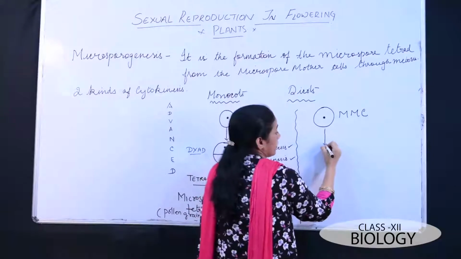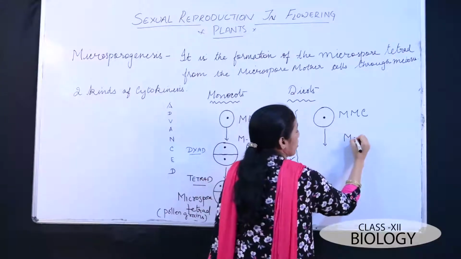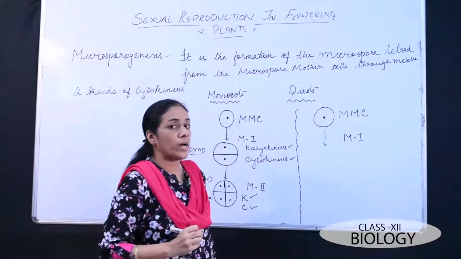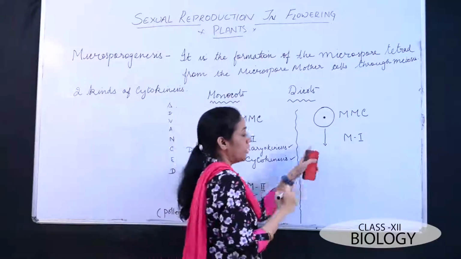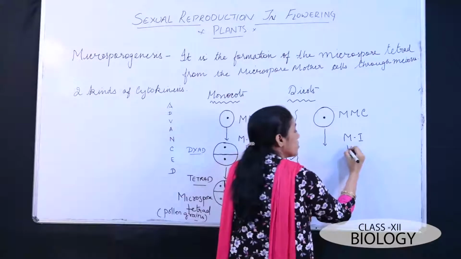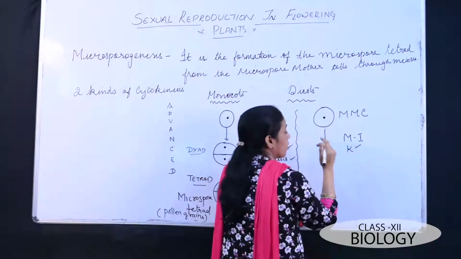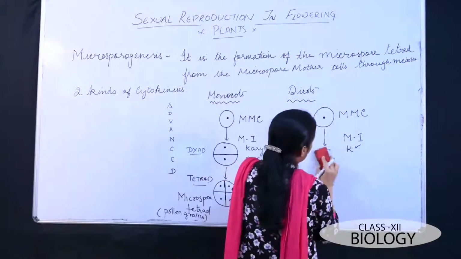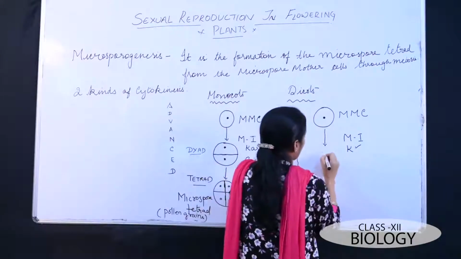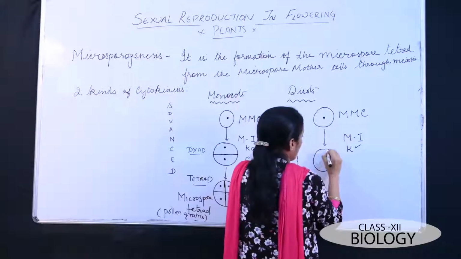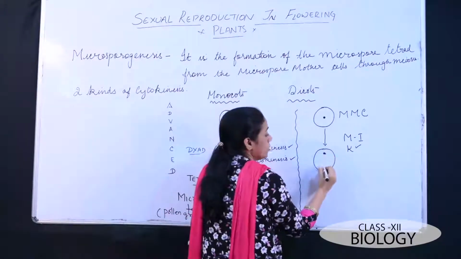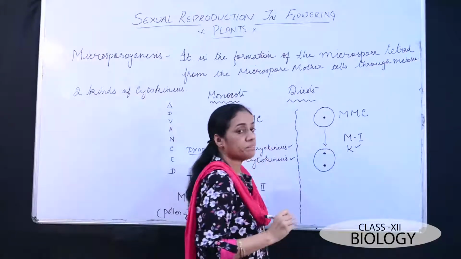So again there is meiosis 1, and karyokinesis will follow, that is the division of the nucleus. So let's see what is being formed. When the division of the nucleus occurs, we see 2 nuclei being formed.